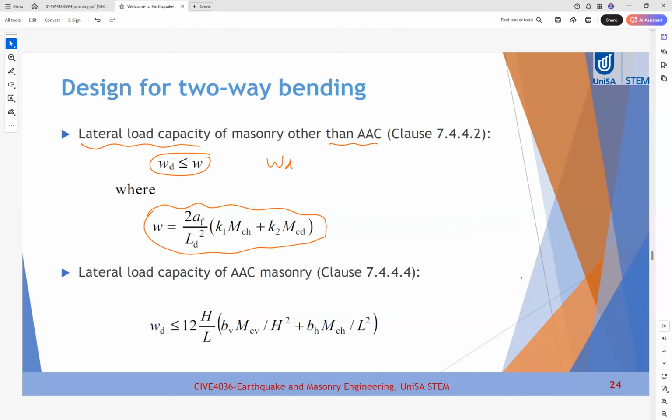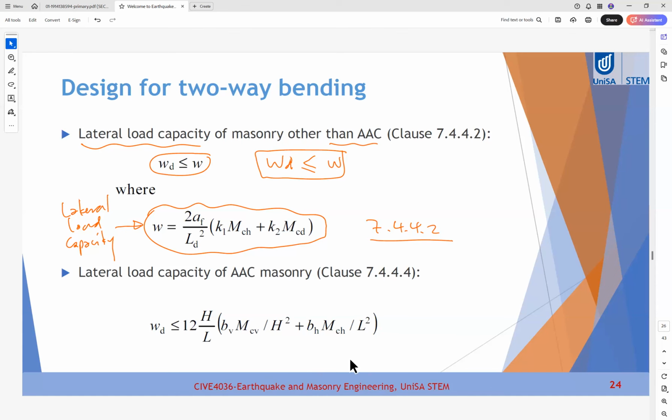So the design load should be less than or equal to W. This is the condition, where W is the lateral load capacity using the formula from 7.4.4.2, W equal to 2AF over LD squared times K1 MCH plus K2 MCD.